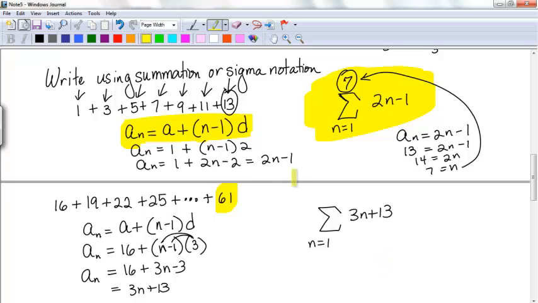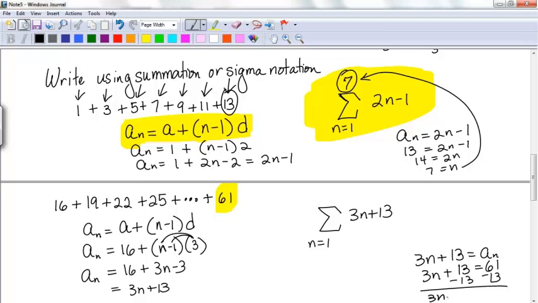So I take my formula, 3n plus 13 equals my a sub n, and my last term is 61. So 3n plus 13 equals 61, subtract 13. What do I get? 48.